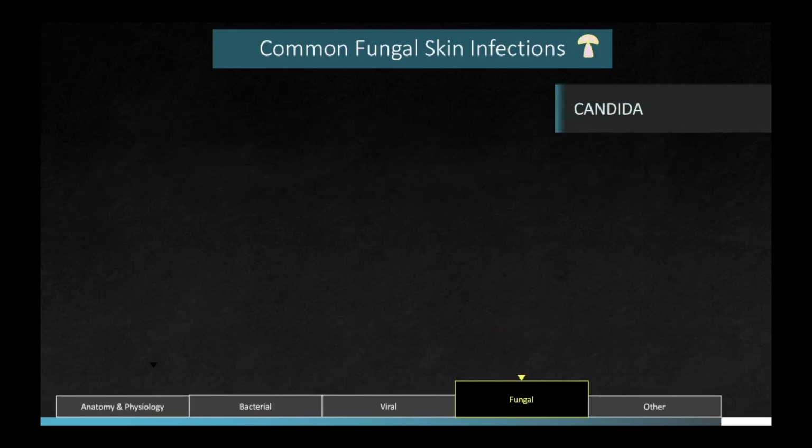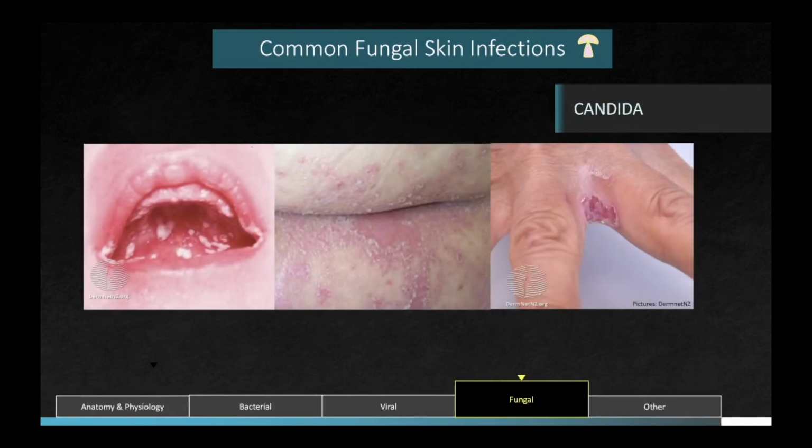For example, in moist warm skin folds, in patients who are suffering from obesity, in diabetes, in pregnancy, in situations of poor general hygiene, in humid environments, in wet work environments, after the use of some broad-spectrum antibiotics, and in those who are immunocompromised, such as people taking steroids, other immunosuppressing agents such as chemotherapy, or those with certain medical conditions such as HIV.